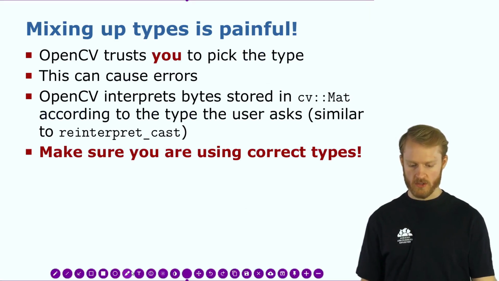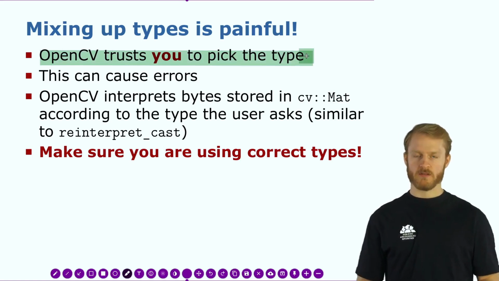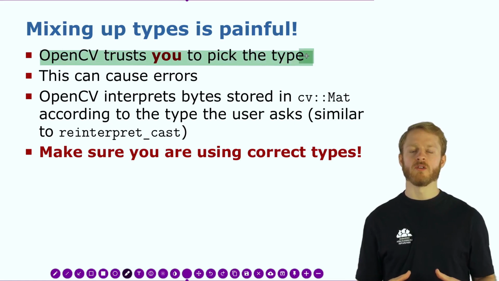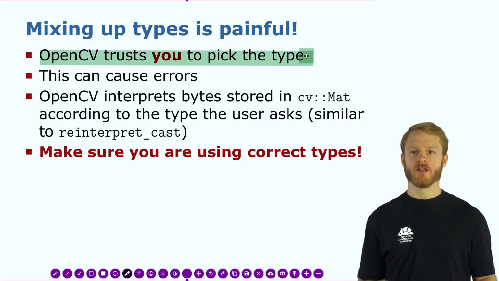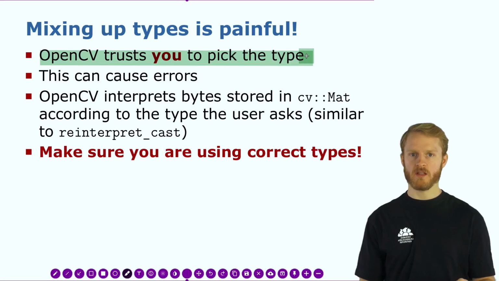Again, as I mentioned before, OpenCV trusts you that you will pick the type. This can cause errors because let's say that we are writing an object which is only one element, 1 float, which is 2 bytes, for example. Then we store a matrix with only 1 element, which is a float, so 2 bytes.